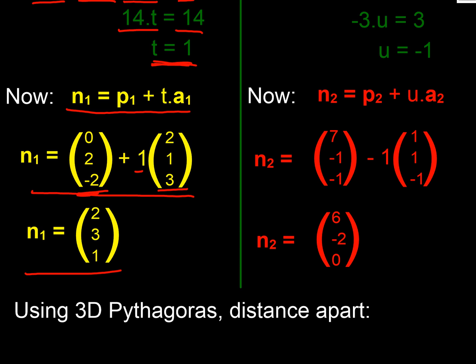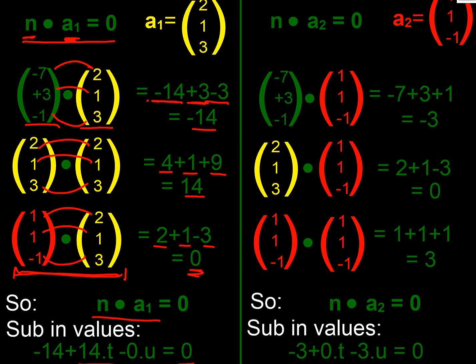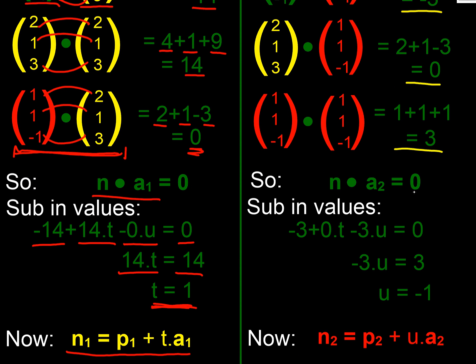And I can follow exactly the same approach on the right hand side here, looking at my red line, and the n dot A2 must equal 0. You know, those two vectors must be at right angles. So doing the same calculations, I get my 3 coefficients to put into my n dot A2 equals 0, and that leaves us with the equation.